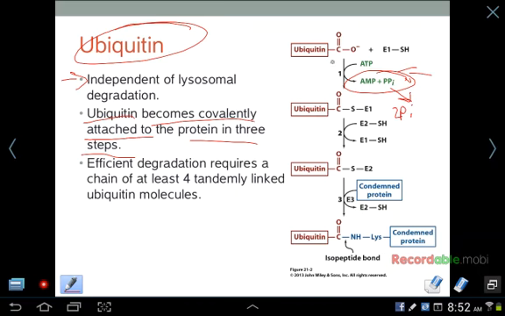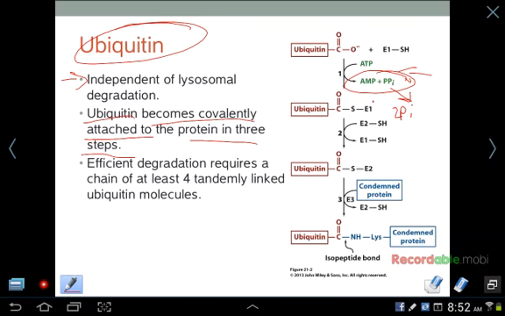Alright, so we first transfer ubiquitin to E1, okay, and that's going to first activate ubiquitin. Then E2 also catalyzes another transfer of ubiquitin from E1 onto E2.